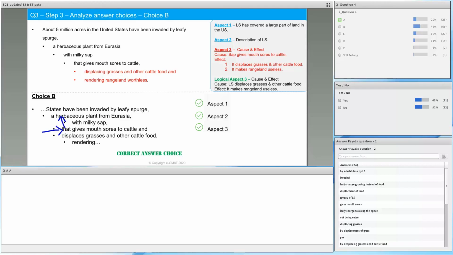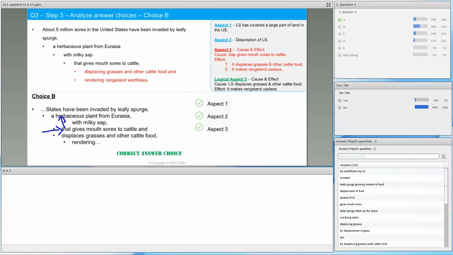But if they eat leafy spurge, they will not get the mouth sore. Does this make sense? No, it does not. Why? Because leafy spurge contains milky sap. If cattle eat leafy spurge, the milky sap is going to come out from there and they will get mouth sore. So these two are not mutually exclusive entities.